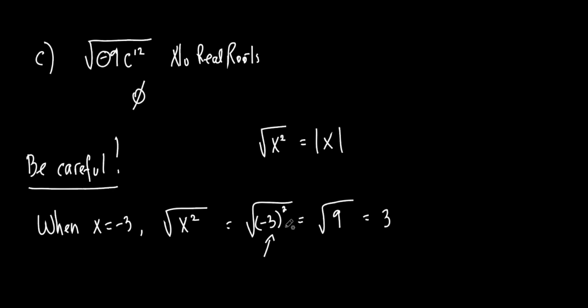No, x isn't equal to 3. This is equal to 3. The square root of x squared is equal to 3. Because it looks like you could just cancel out the square root and the squared and get a negative 3, but you can't. You've got to do the math inside of there, and then you get a 9, and you just use the positive version of it.